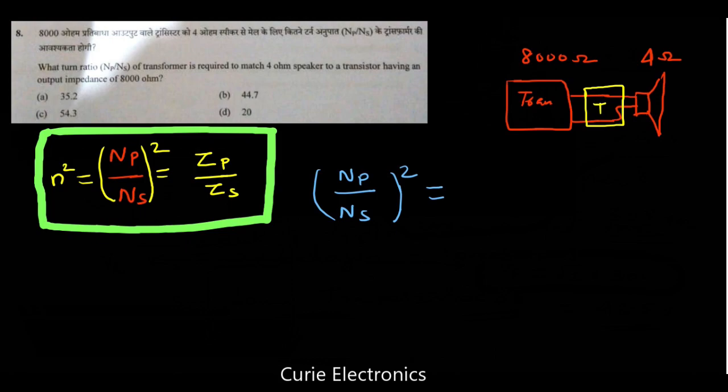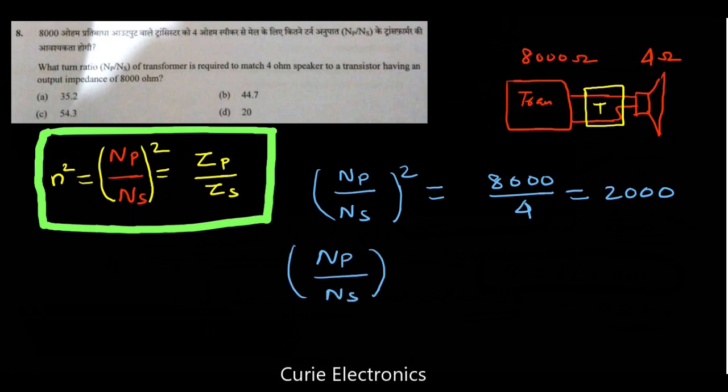The transistor is the primary for the transformer. That is 8000 upon 4, which is NS. So if you simplify, it comes to 2000. So NP upon NS square equals 2000.